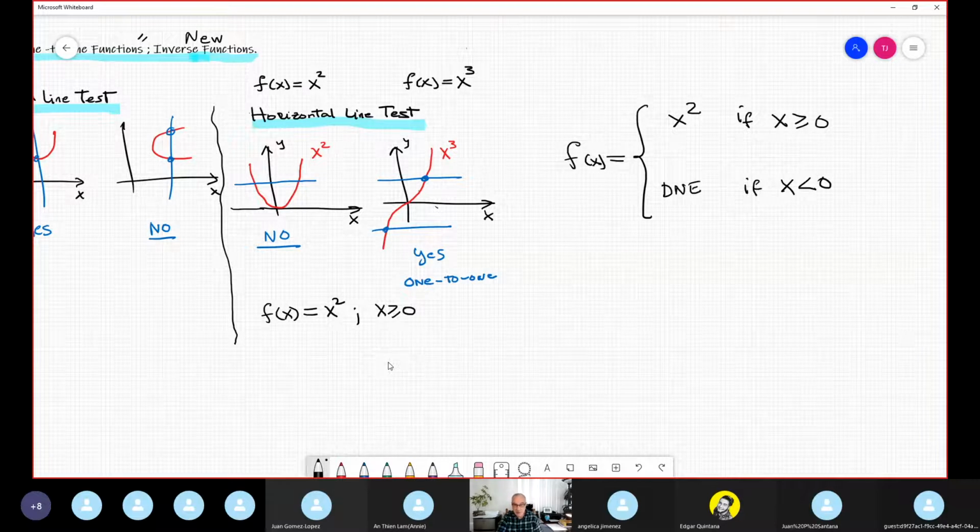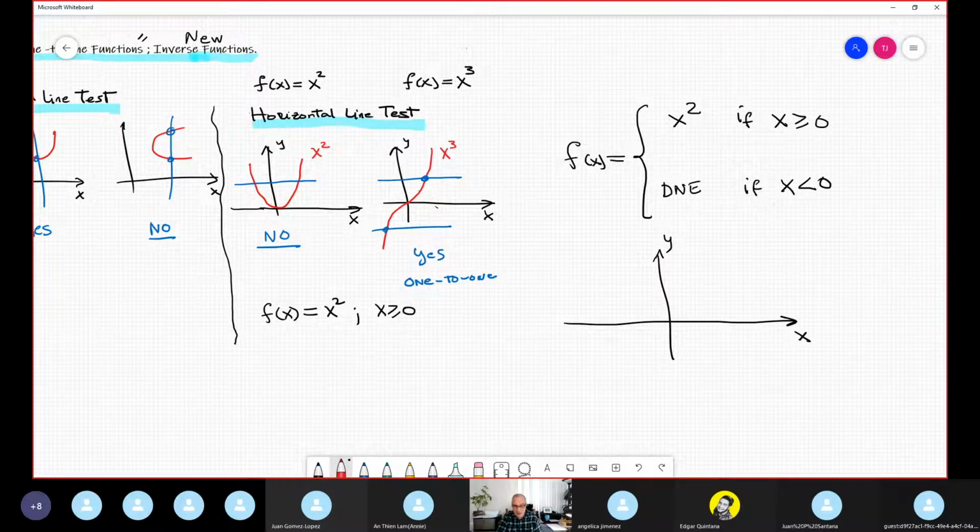Okay, so my graph looks now like that. X, Y. Because of the restriction of the domain, basically my graph is a half of a parabola. Look, a half of a parabola. The positive part exists, because I define the positive part, and the negative part, invisible, does not exist. But when you apply the horizontal line test, it passes the test.